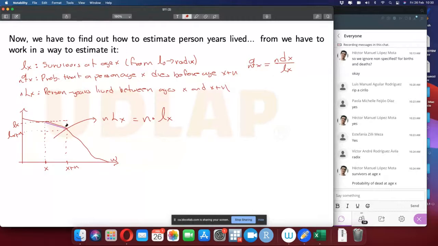And then I am going to eliminate this triangle that I have here. Again, the base for this is n. The height is the difference between lx and lx plus n, and then divided by 2.